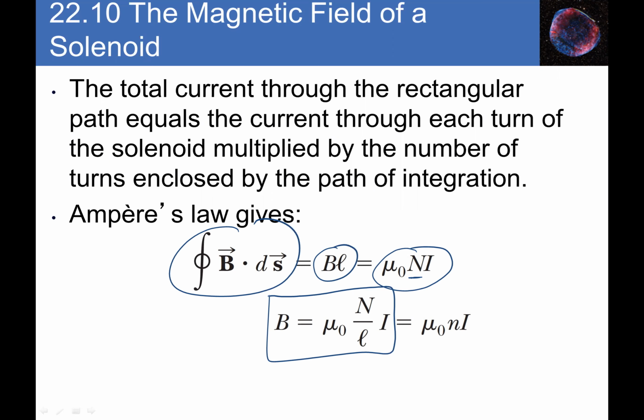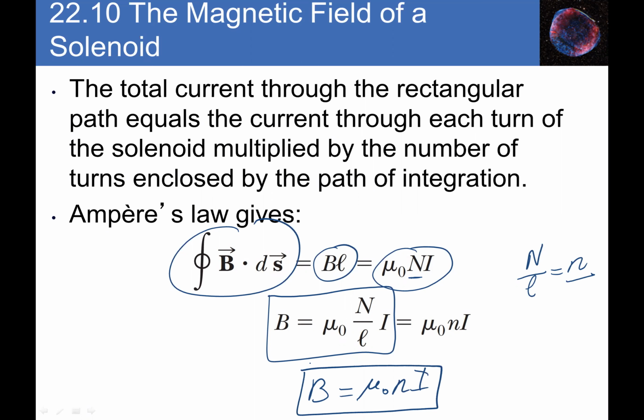From here, we can see that this term N over L, the number of turns per unit length, can be represented as a concentration number n. That just represents how many turns per length you have. So you can say the magnetic field equals mu naught times n times I, and this is the magnetic field of the solenoid.